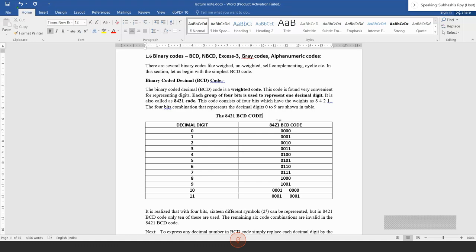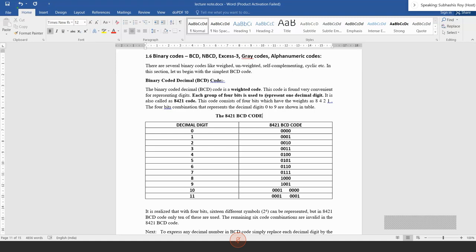There are alphabetic uppercase, lowercase symbols. There are special character symbols. So only representing the numbers is not going to solve our problem. We need to represent these characters, these symbols also. For that purpose we have different codes. So step by step we proceed and try to understand.